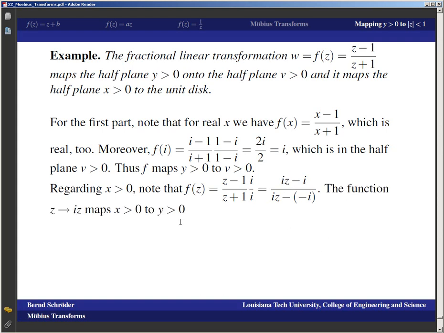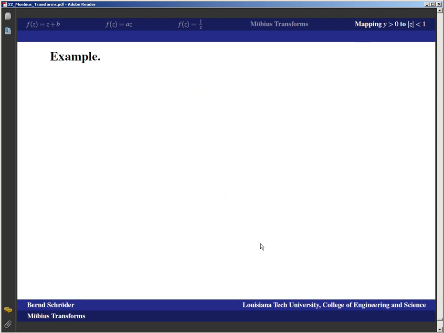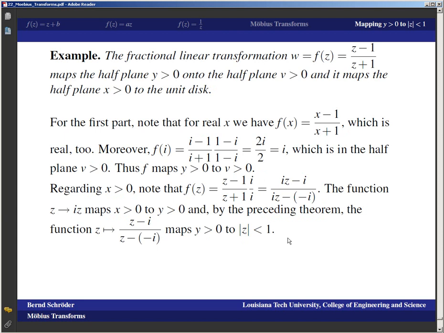So then we note that the function that maps z to iz maps the right half plane to the upper half plane, and by the preceding theorem, the function that maps z to (z - i)/(z - (-i)) maps the upper half plane to the unit disk, absolute value of z smaller than 1. And so that's it. We have shown that when x is greater than 0, we first map it to iz and then to this expression, and that maps the right half plane to the unit disk.